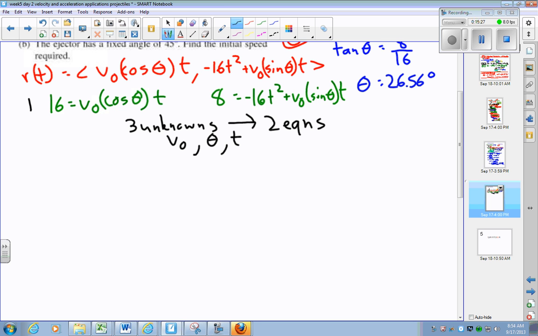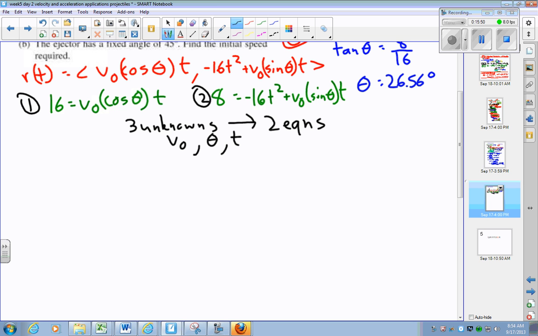I have that equation and I have that equation. So a little bit different than the last problem where it was 2 unknowns and 2 equations, okay? So look what happens as you solve this, because it might seem like we don't have enough info. But we have enough info once we graph it, okay?